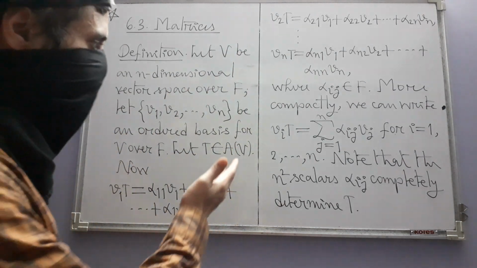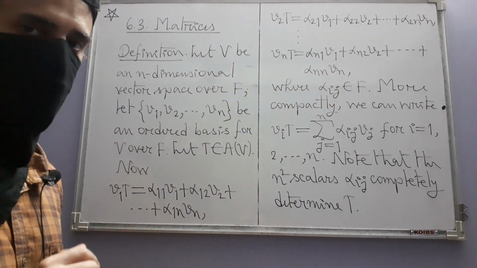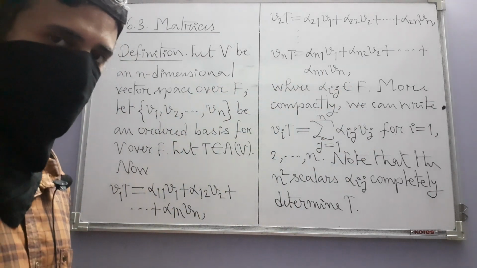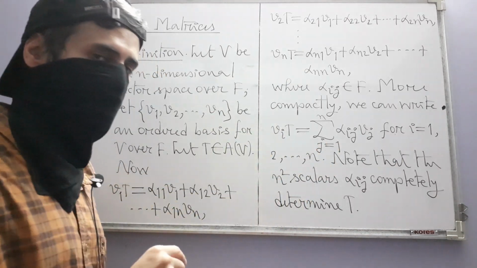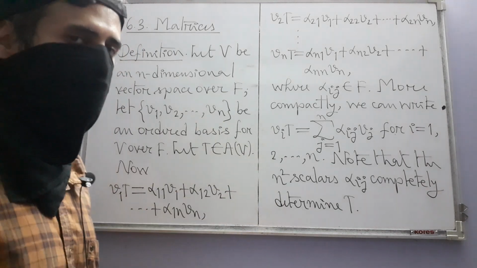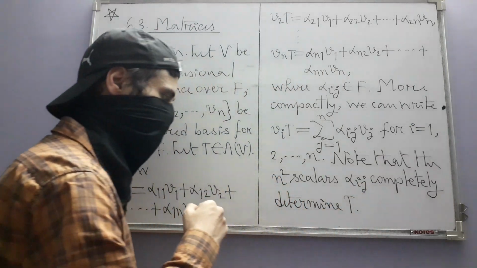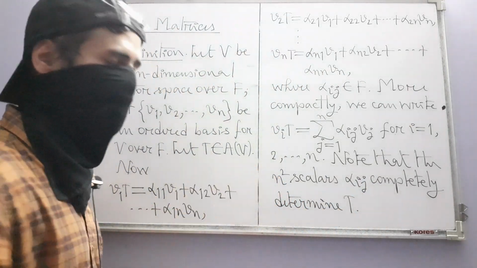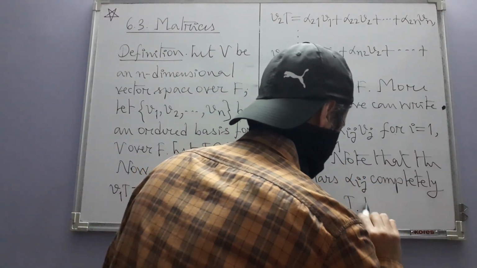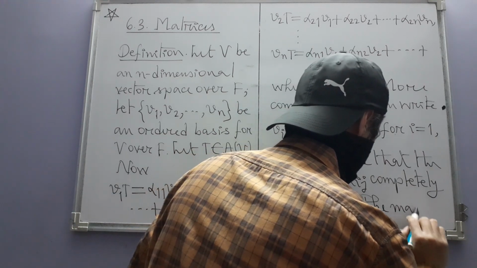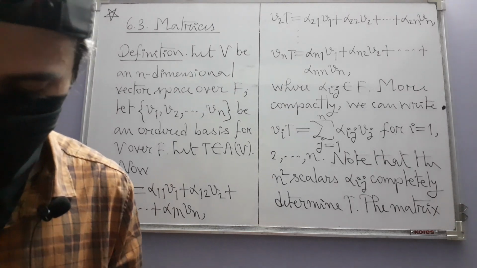But then we also know what t does to every vector in the vector space. That's because every vector is a linear combination of the basis vectors. So knowing what t does to every basis element is enough to know what t does throughout the vector space. That's why we say that knowing the alpha ij's is enough to know t fully. They completely determine t. The matrix of t. Yeah, now it is coming.